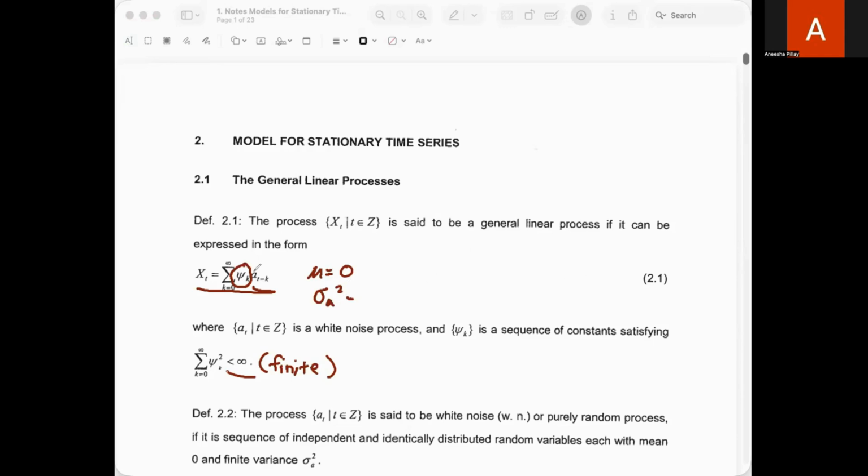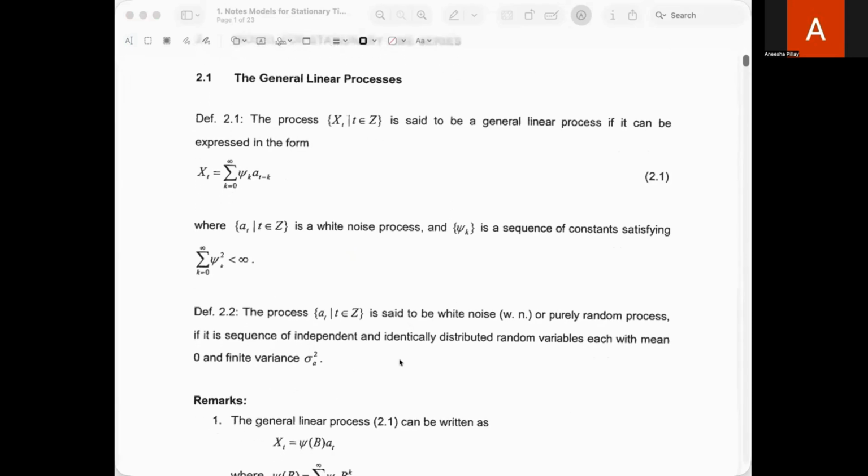Time series are often modeled in this manner, as a general linear process, because it provides a more powerful and parsimonious way to represent a complex pattern as a linear combination of past values. So these are all based on your past values. The a_t here is a white noise.